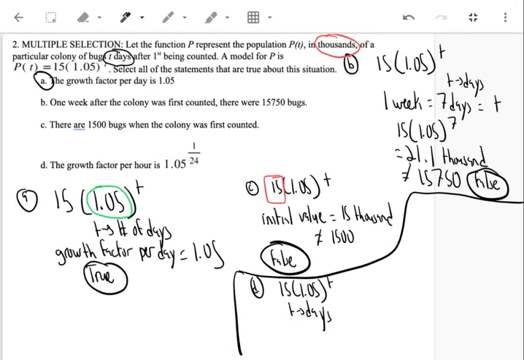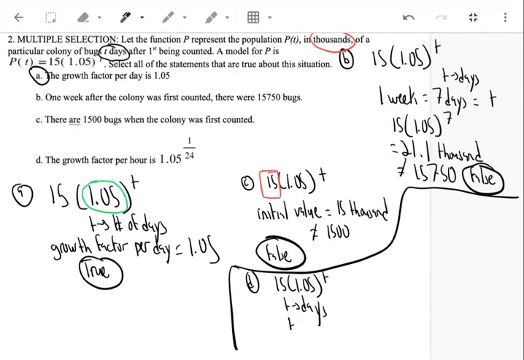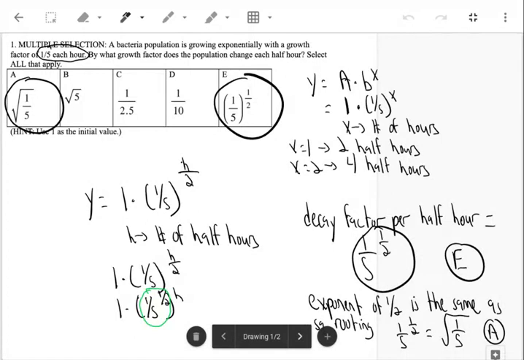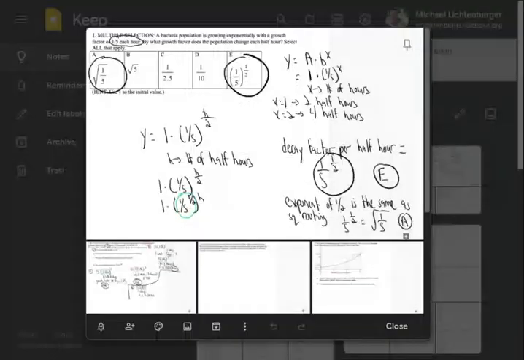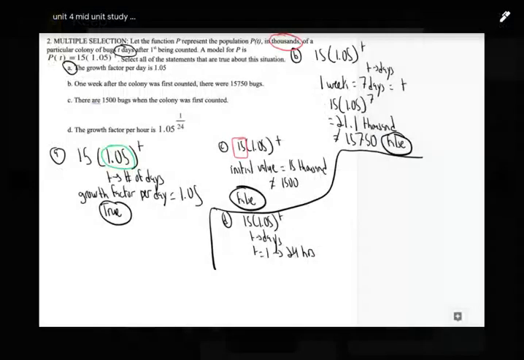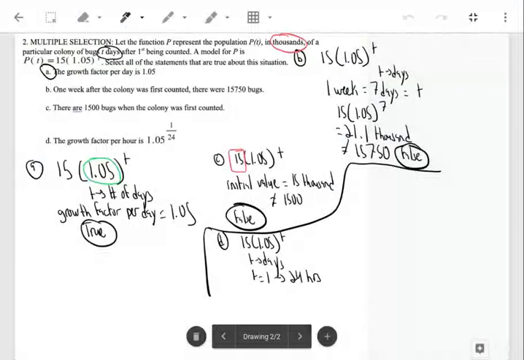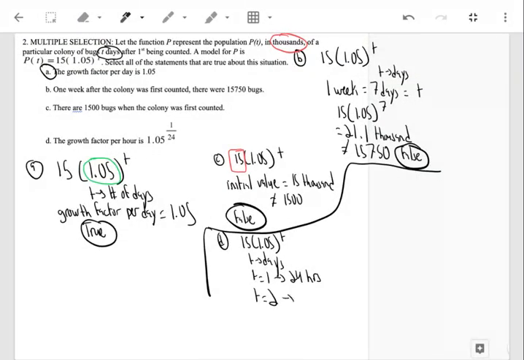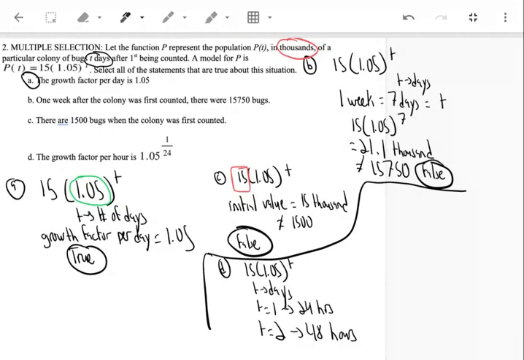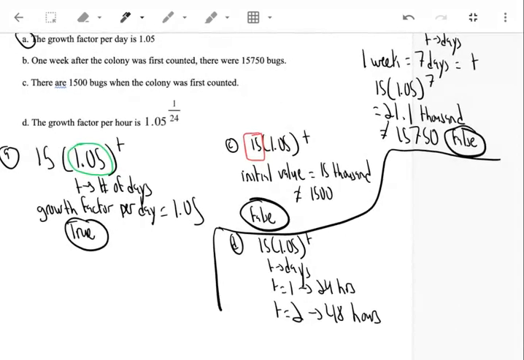So just like we've talked about before, remember T equals 1 means 1 day, which is 24 hours. T equals 2 means 48 hours, so on and so forth.